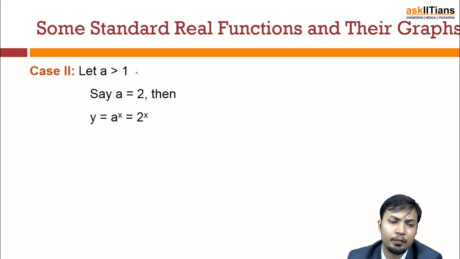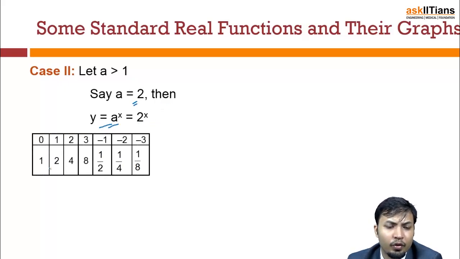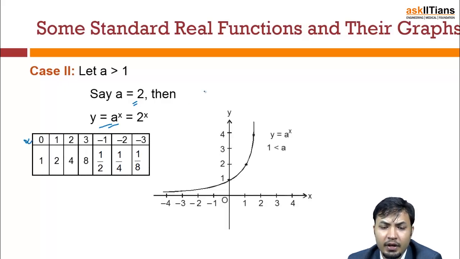Let's look at case number 2, for every value greater than 1. Let's say a is equal to 2, then y is equal to 2 to the power x. Over here these are the values for every input that I have. You see my graph will look like this. Again it will almost touch the axis, but it never does.